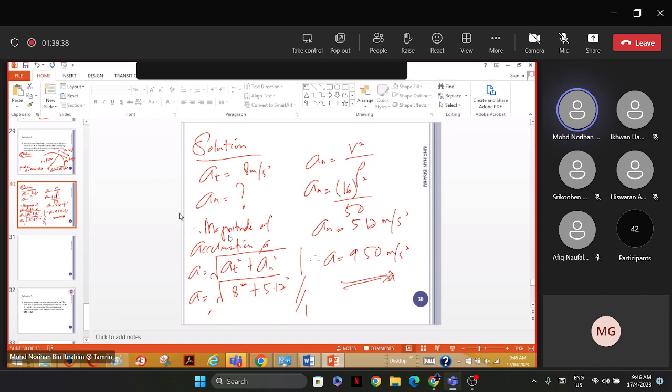So you need to focus on rectilinear motions. What is the velocity? What is the displacement? What is the average velocity? How to apply those equations? What is the average speed? What is the difference between average velocity and average speed?